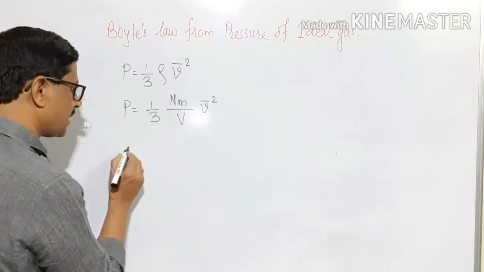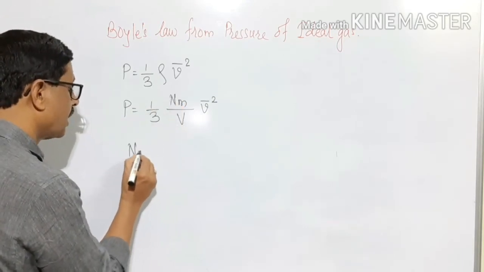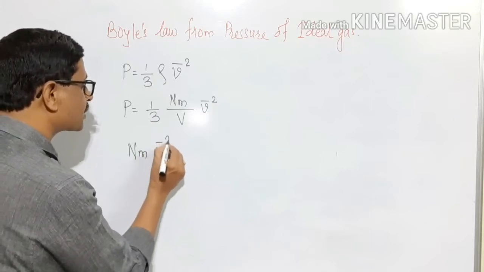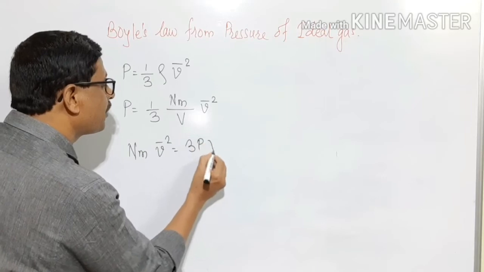I will write this as Nm, that is the mass of the gas, into V bar square is equal to 3 PV.